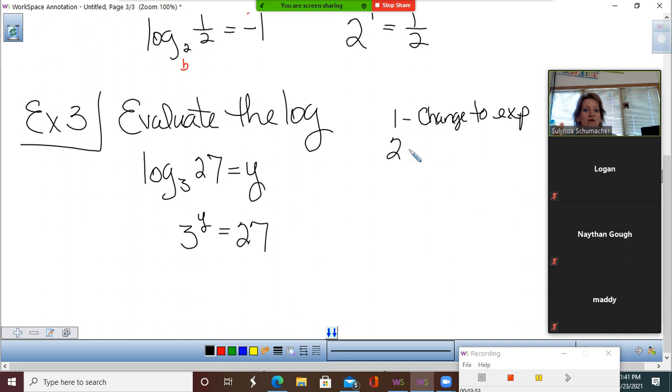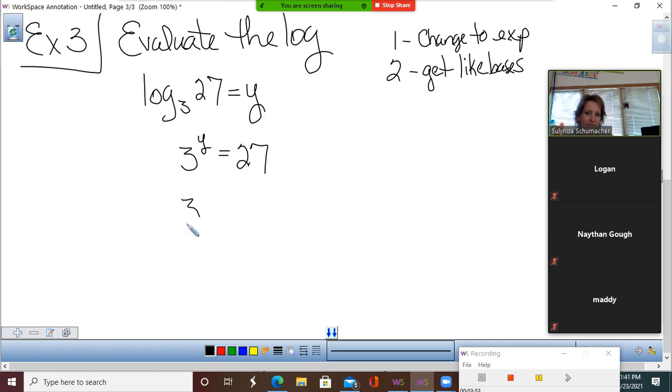Step 2, we need to get the same base on both of them. So we're going to get like bases. When I say base, this is 3 to the y. How else can I write 27 with a base of 3? 27 is 3 to the 3rd power.